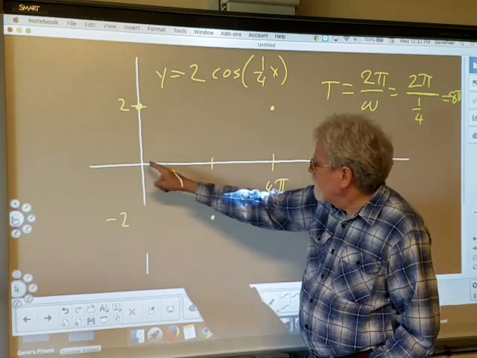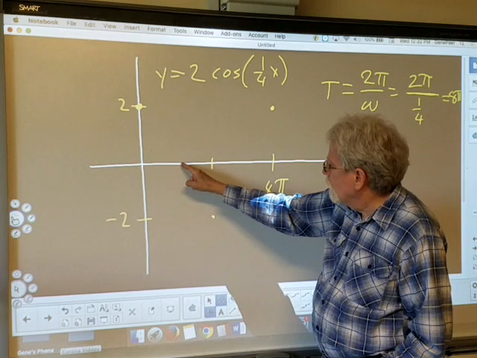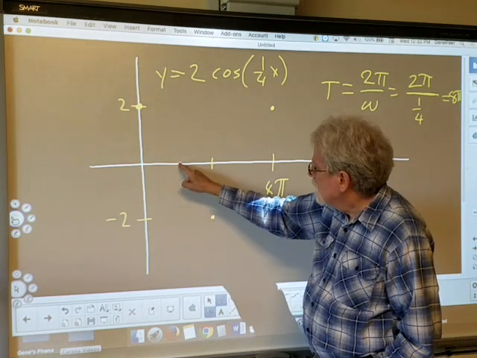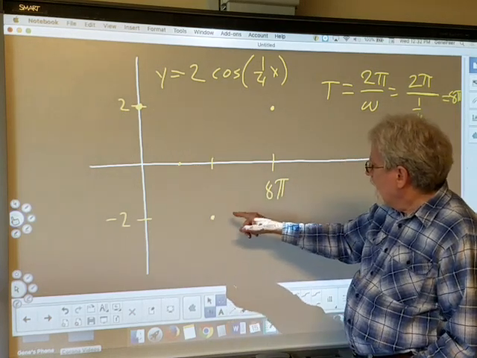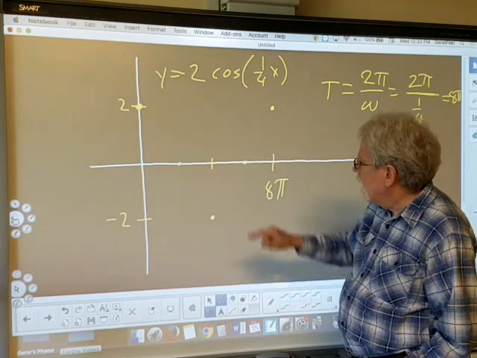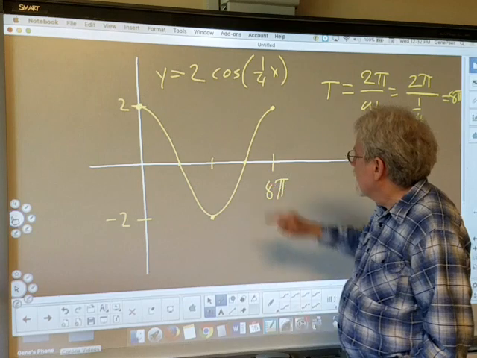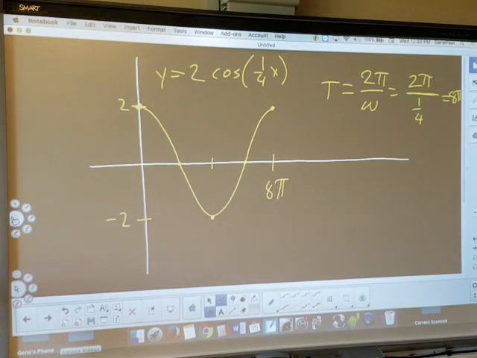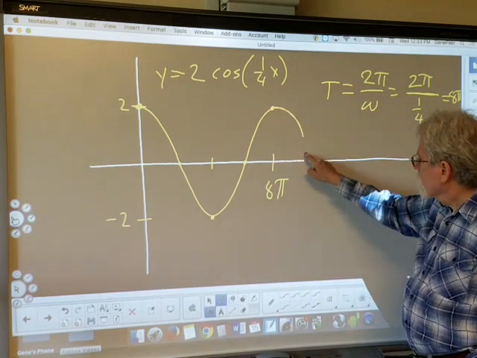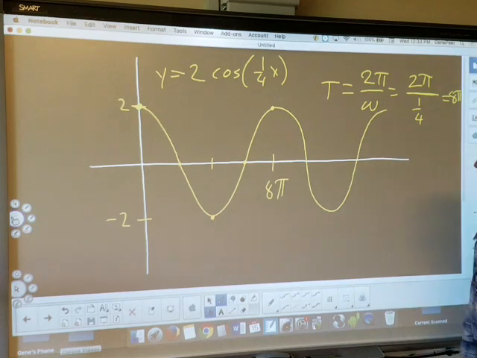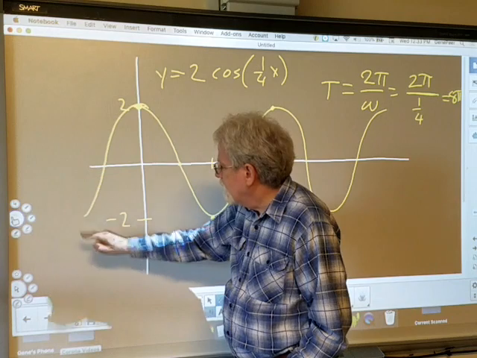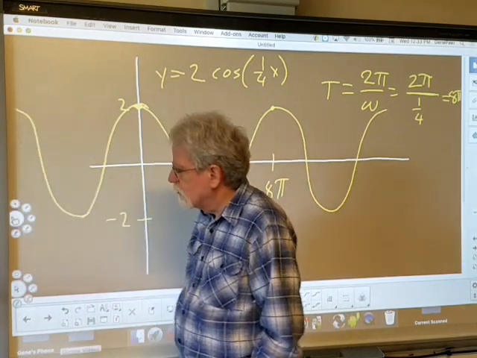And then halfway between 0 and 4 pi, in other words at 2 pi, it has to pass through the axis. And at 6 pi, it has to pass through the axis. So our function looks like that. Isn't this fun? And we continue on with a second cycle, or a second and a half, or a third cycle, whatever we want.